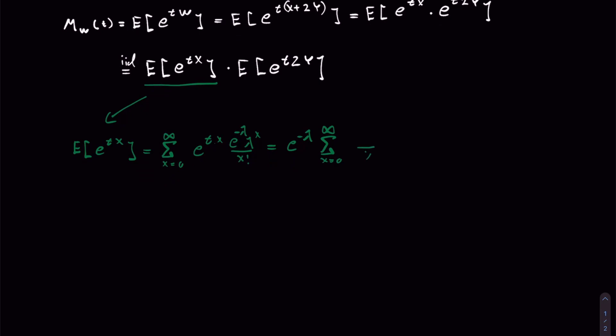And then notice also that we have e to the tx, so that's e to the t to the power x, and there's a lambda to the power x. So we can just move out that x the following way.